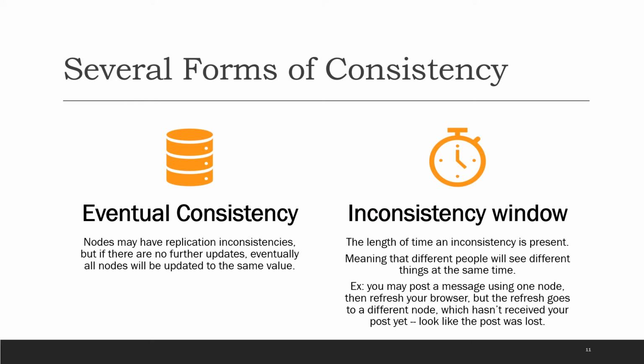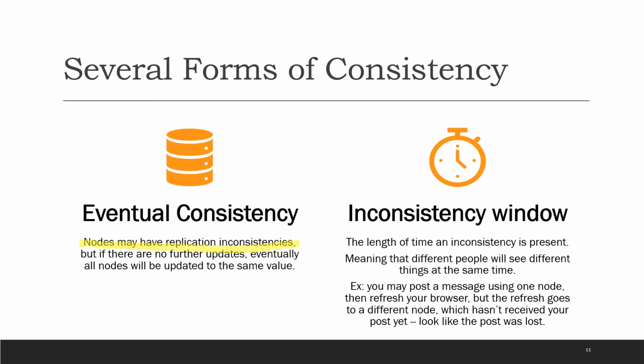Here we can discuss two other forms of consistency. First, eventual consistency. This is a kind of relaxed form. Remember, we said that when we have possible replication consistency issues, nodes could have replication inconsistencies.